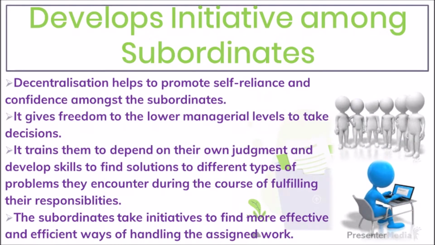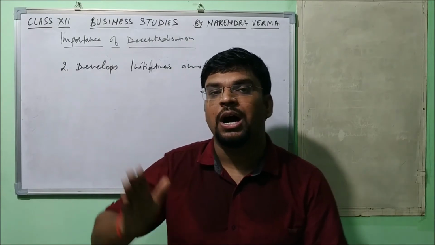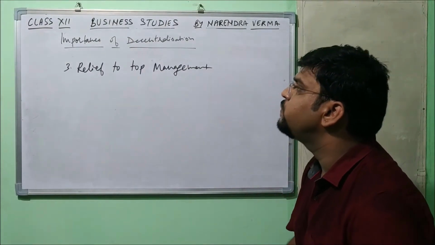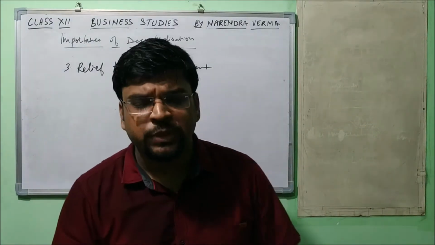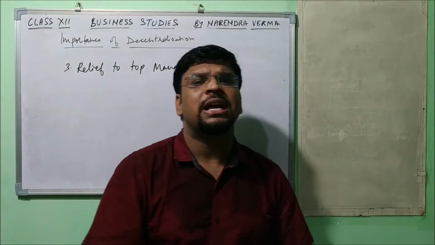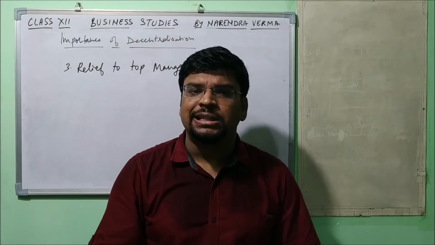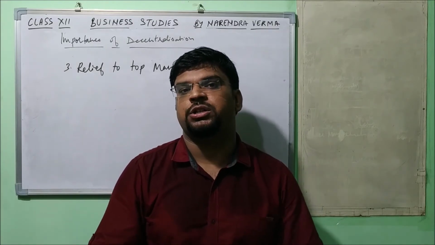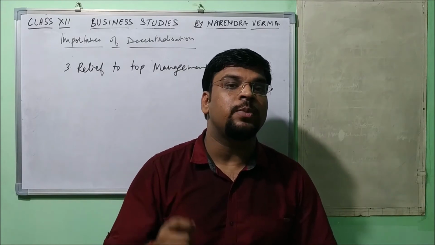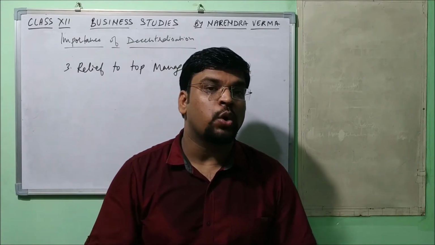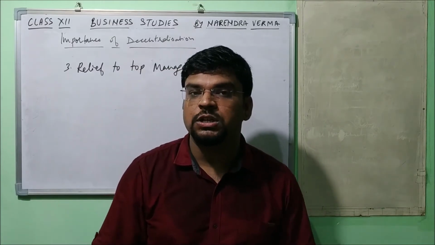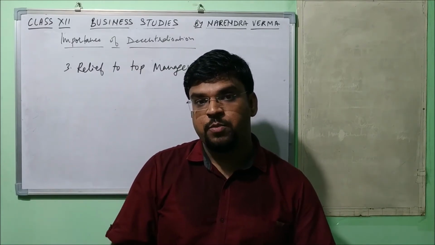Now let's move on to another point of importance. Another point is relief to top management. Actually, in a centralized organization, what happens? The top level manager has to be very alert and cautious. All the time he has to keep a very close watch on his middle and lower level managers. He has to observe all the tasks very minutely.